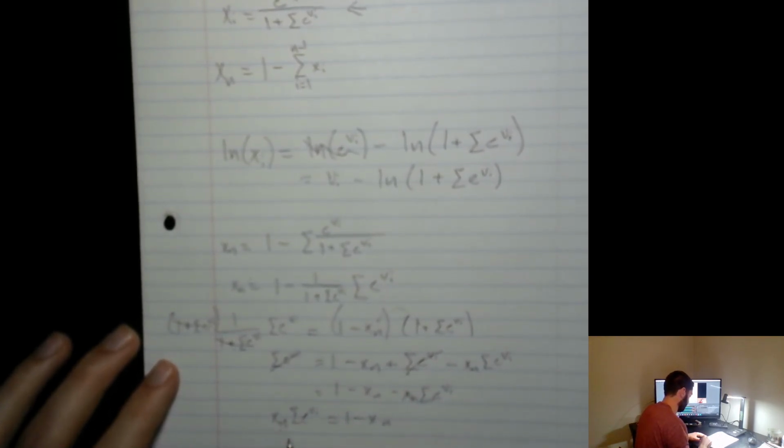Let me go to a new sheet of paper, so I'll rewrite the step I left off at: xn times the summation e to the vi equals 1 minus xn. If we divide both sides by xn, we're left with the summation of e to the vi equals 1 minus xn over xn.